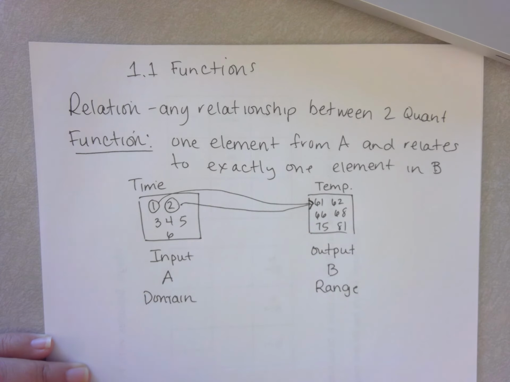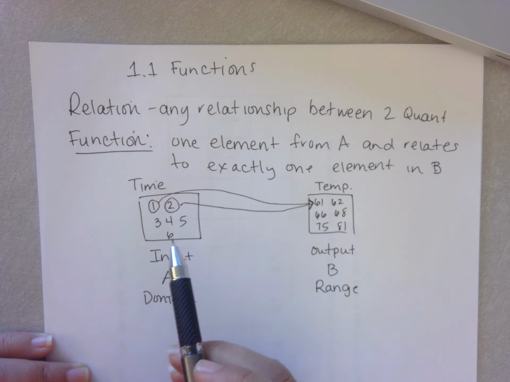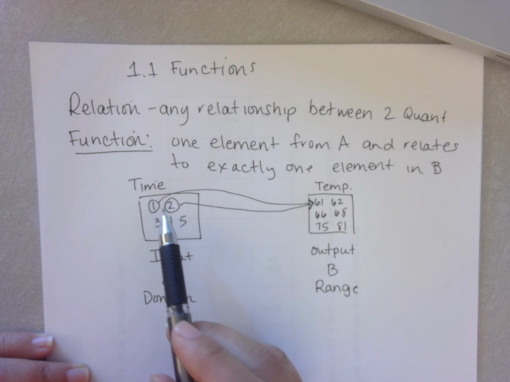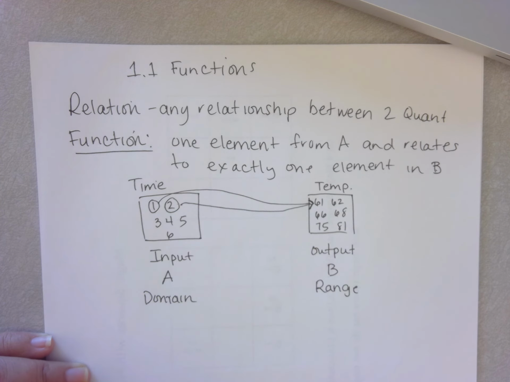That's okay, because it's fine for different elements in the domain to match up with the same element in the range. We just aren't allowed to have an element in the domain matching up with more than one. It wouldn't make sense to go in at 1 o'clock and find that the temperature was both 61 and 81 degrees.